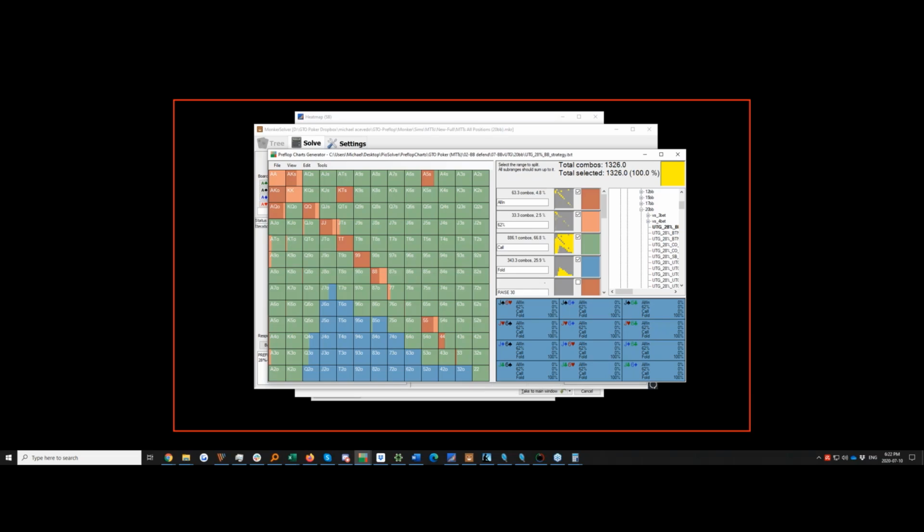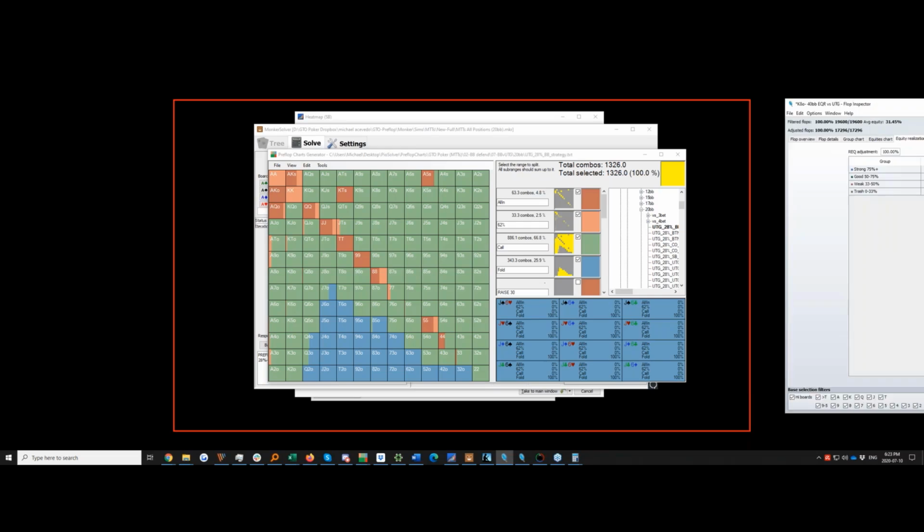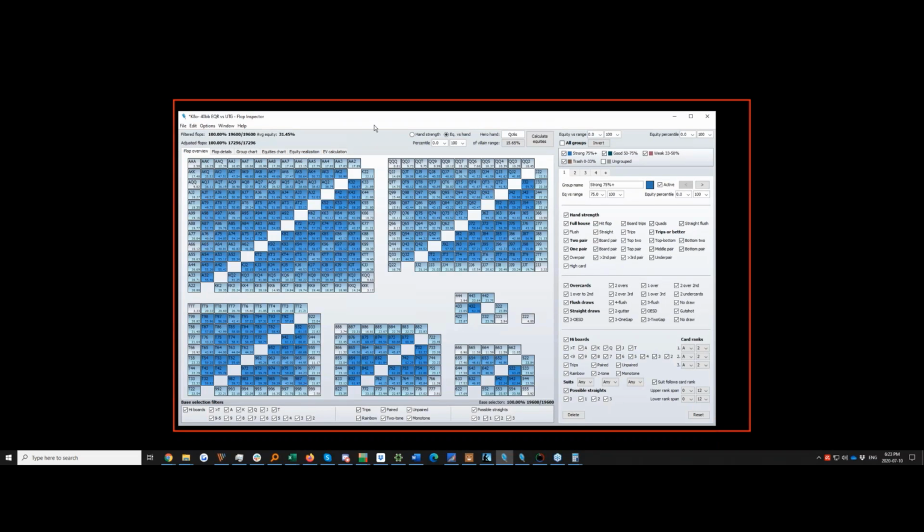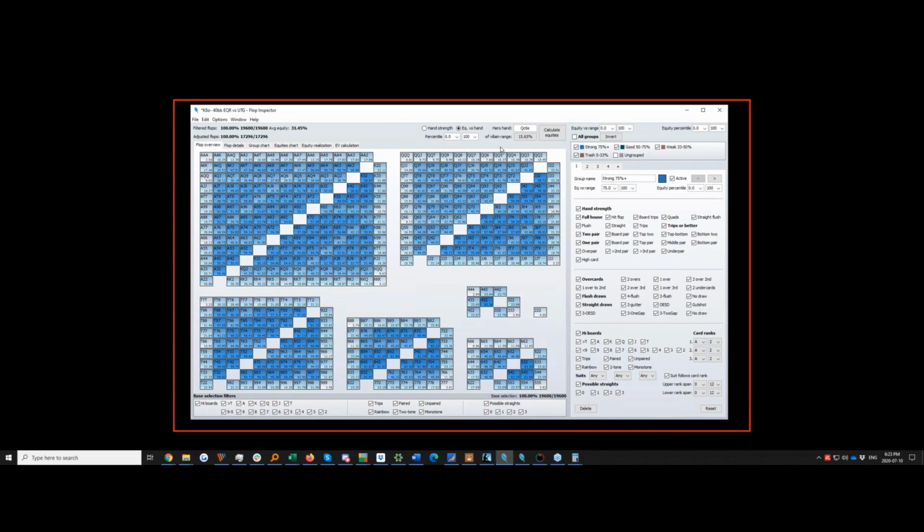Now, to help visualize this, I have some interesting software here that maybe you have seen before, maybe not. This is called the flop inspector.